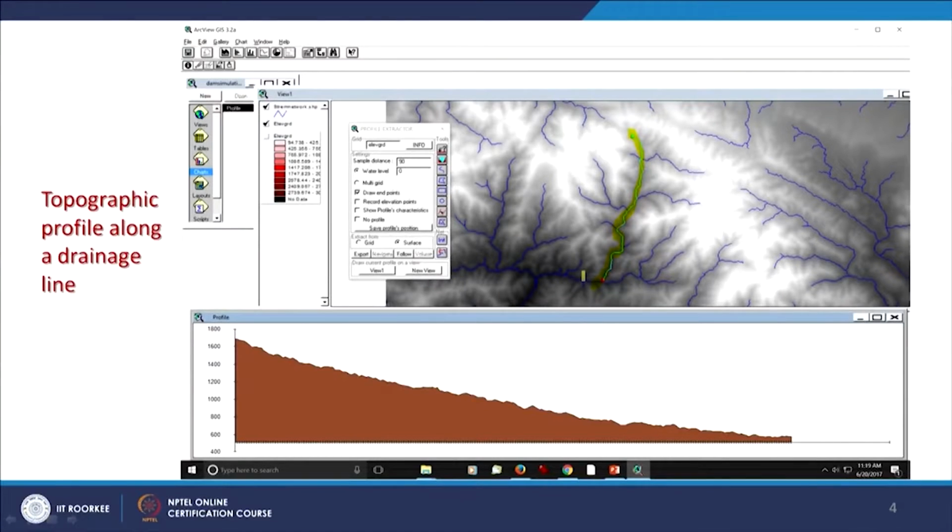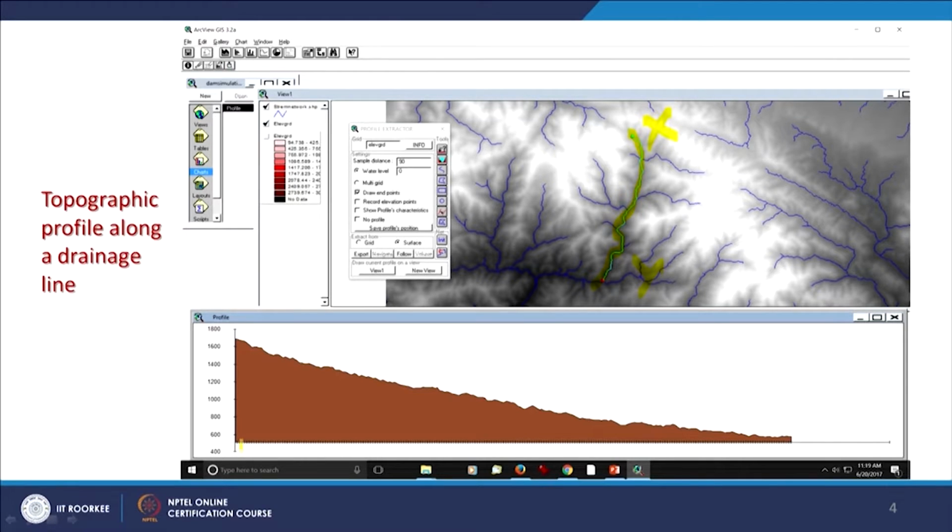One has to search for that specific tool. If it is not there, then by using your own intelligence, in 2-3 steps you can achieve that. Like here in the older ESRI software, ArcView GIS, along a drainage line a cross section profile has been drawn starting from here, x, and this is y.